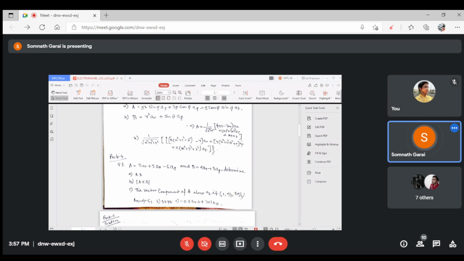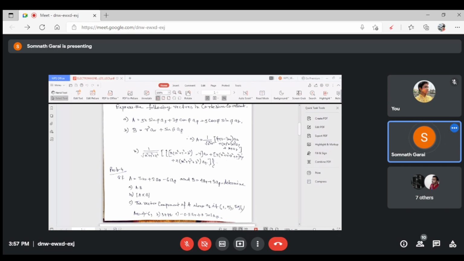No, Bimban, it is not right. Okay, if you compare the B vector in spherical coordinate form, it is capital AR into small ar plus capital A theta into small a theta plus capital A phi into small a phi.